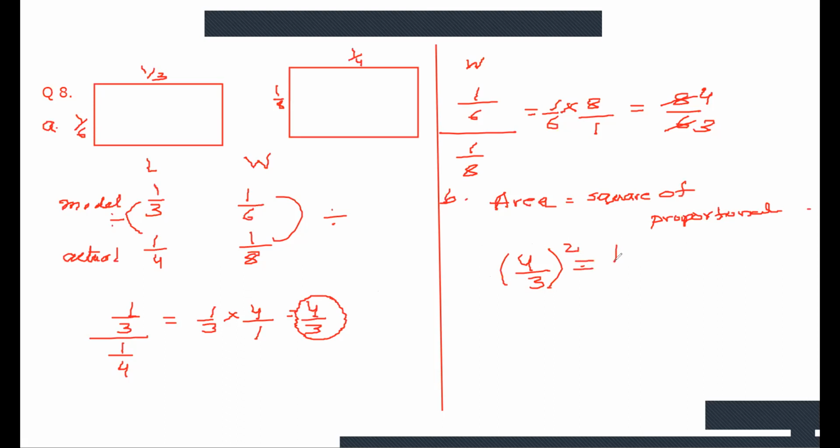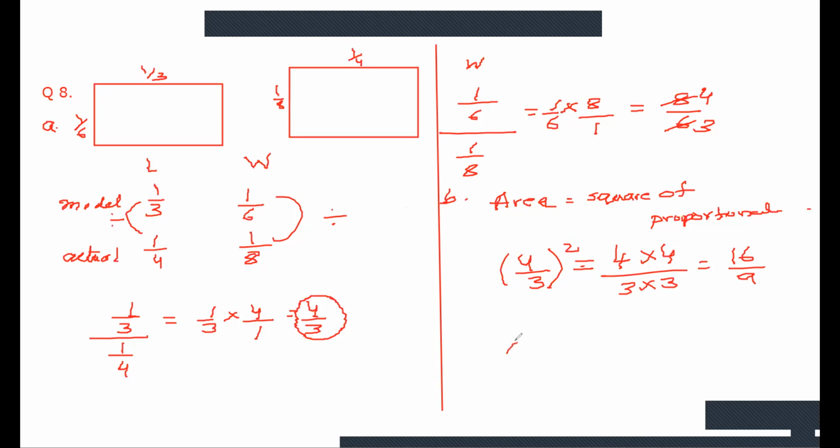Square means what, girls? 4 times 4. Do you know this from before? 4 square means 4 times 4. 3 square means, girls, do you know about this or no? Not really.